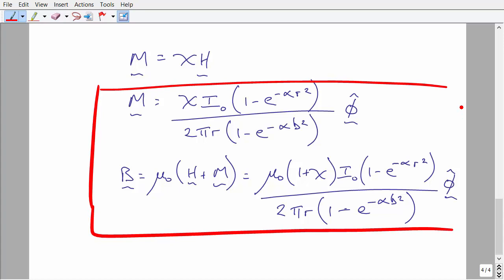Okay, so there then are our equations for M and our equation for B, and you'll notice of course B has the same form as H, aside from the fact that there's a mu naught here, and our total current has this extra factor of 1 plus chi. The chi bit is due to the bound currents and the 1 bit is due to the free currents.